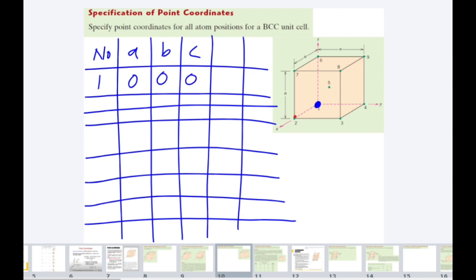For point 2, this will be 1, 0, 0. For point 3, we have 1, 1, and 0. Very good. For point 4, 0, 1, 0, right?